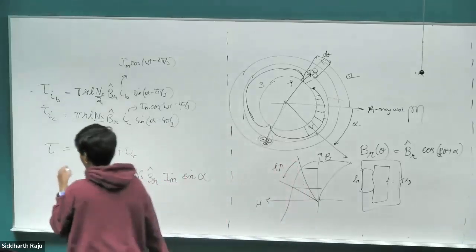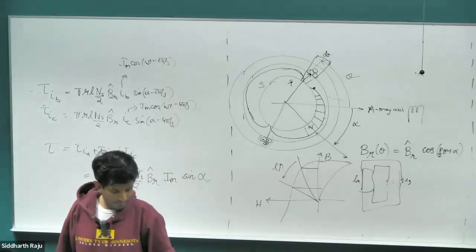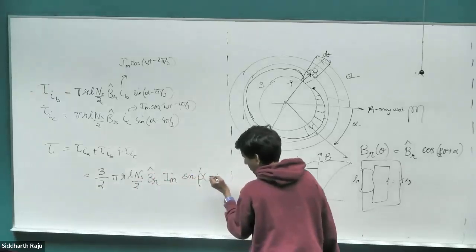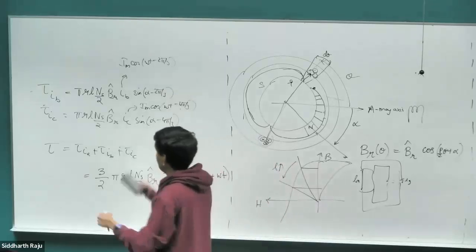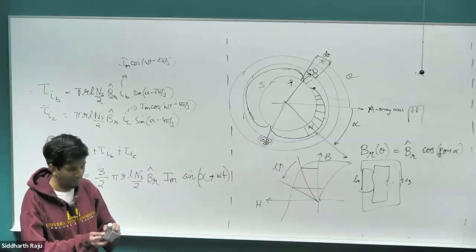So this will be the total torque created by the motor. Once you plug in these values, again the derivation is posted online. This is the final expression that you'll get.